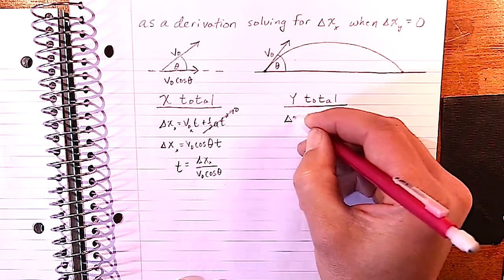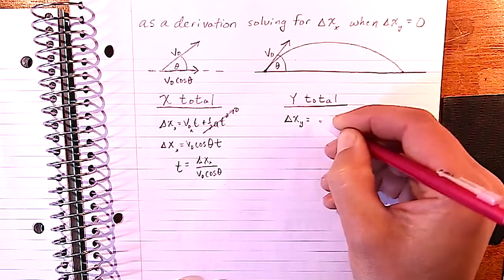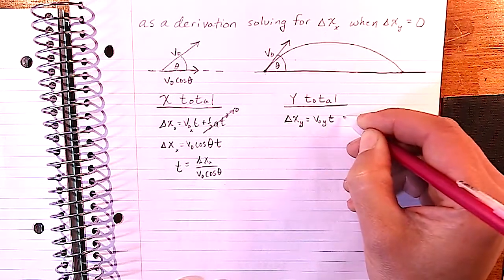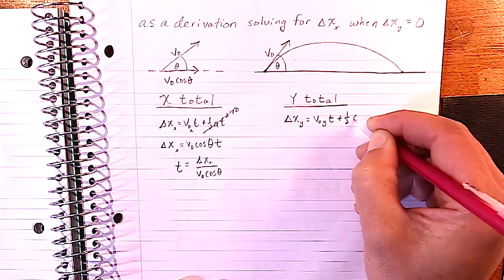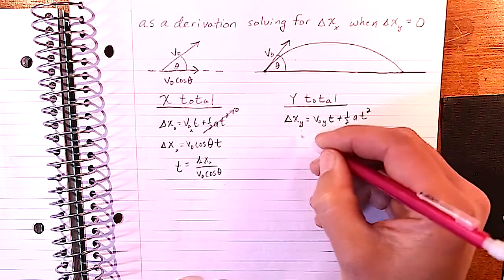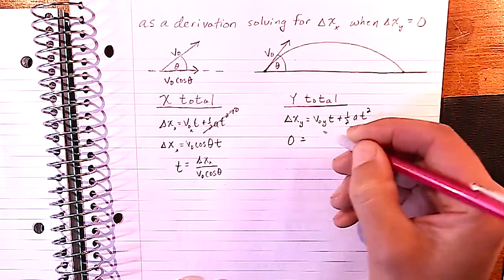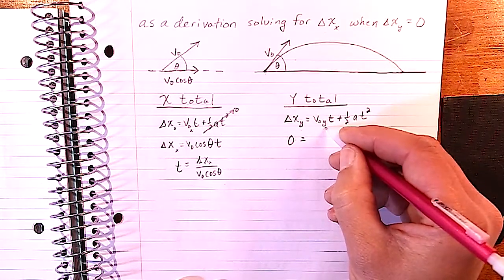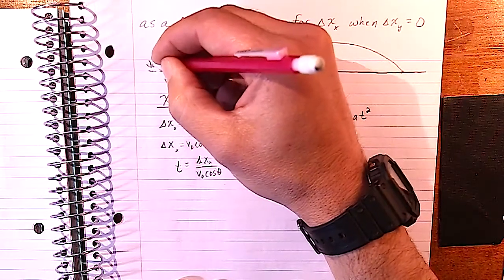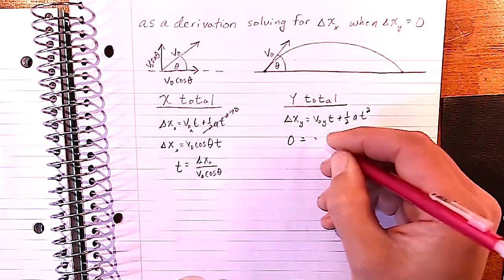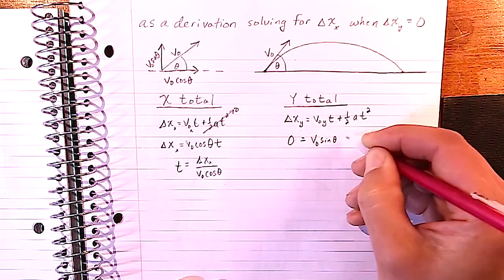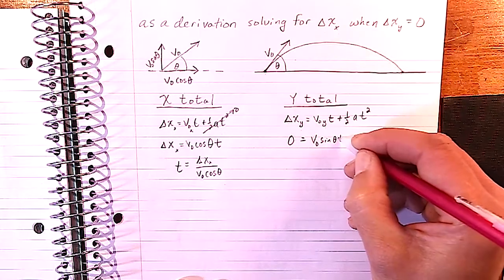So in the y direction, we can do a delta xy, and that's going to be v naught y t plus 1/2 at squared. And delta xy in this case is going to be 0. And what can we replace v naught y with? Well, that can be replaced with v naught sine theta, as we did in the last problem. And that's multiplied by t.